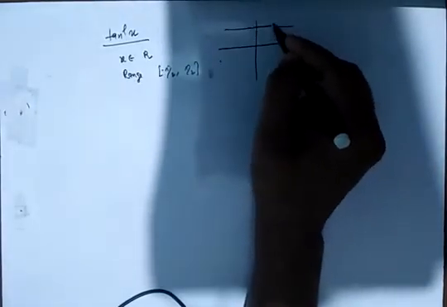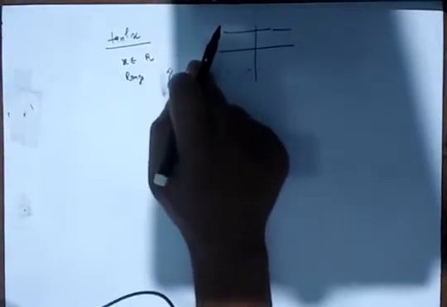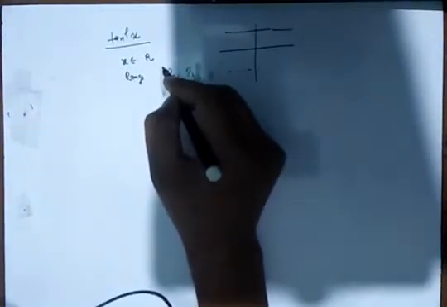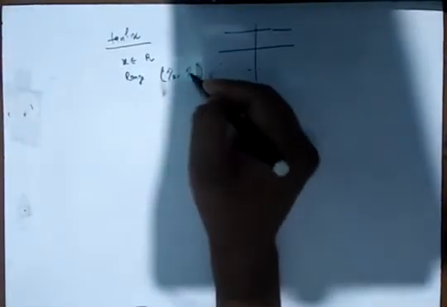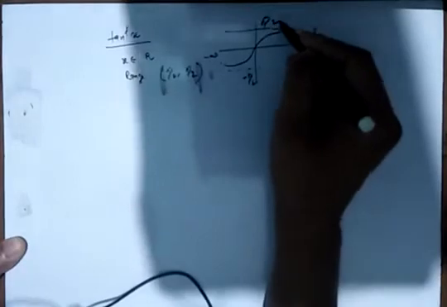This value is minus pi by 2, this value is pi by 2. So you exclude the points minus pi by 2 and pi by 2. Okay. Similarly you can draw this, the function tan inverse x. So x belongs to all real numbers, minus infinity to plus infinity. This is minus pi by 2, this is pi by 2.